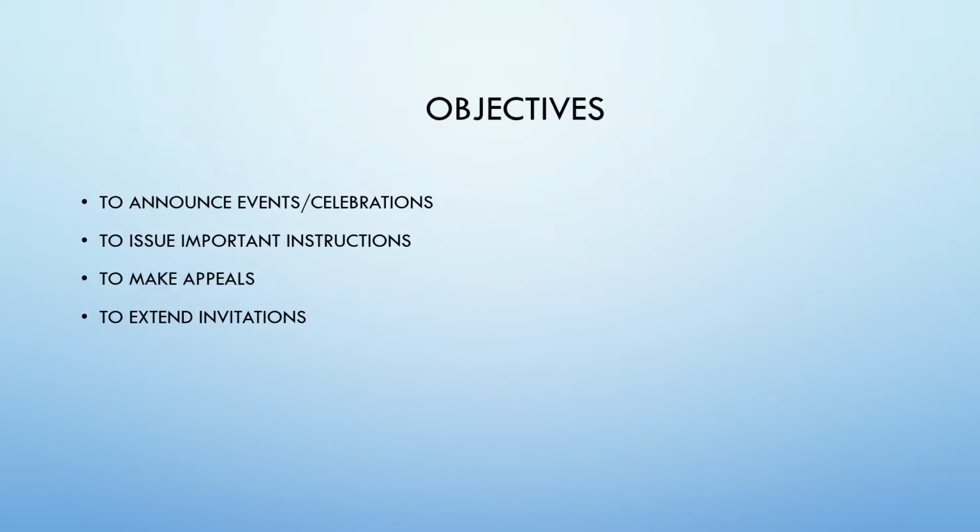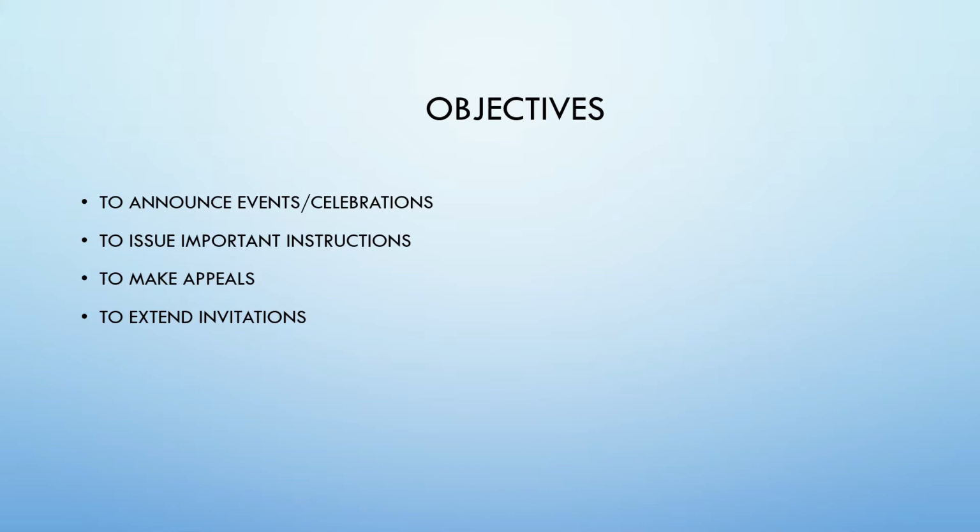Now, what are the objectives? That means why we write or print a notice. Why do we take out a notice? There are reasons for taking out a notice. The first one is when we want to announce events or celebrations.